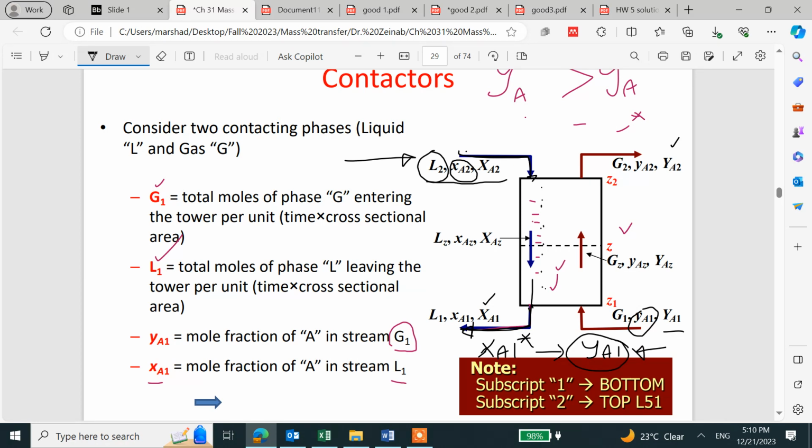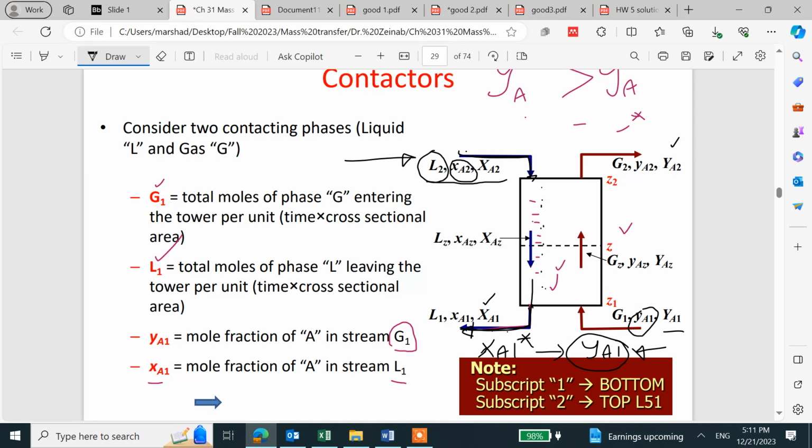Okay, is this clear? So as we increase the flow rate, separation will be possible when the minimum condition is this, that is, XA1 and YA1 are in equilibrium. So then we will use a factor. This is the ideal scenario.